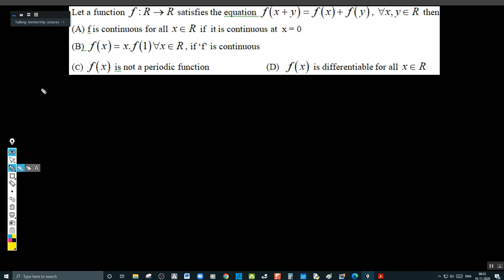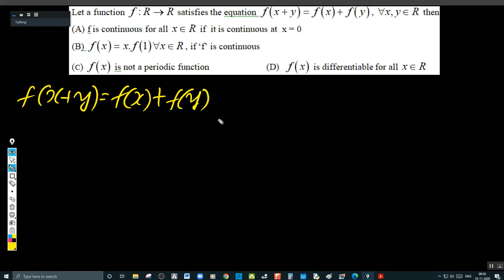So, the function here is f of x plus y is equal to f of x plus f of y, x comma y belongs to R. ठीक है. So, I gave you some special functions.